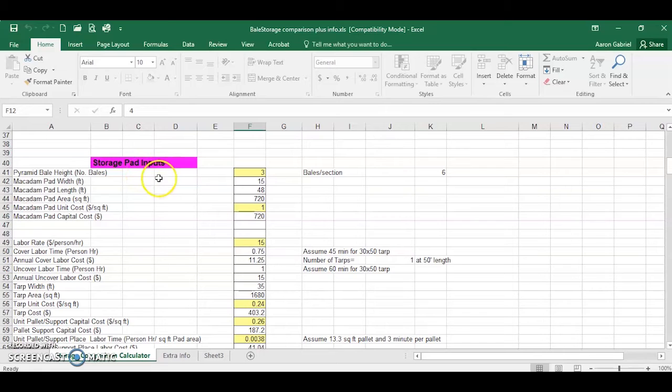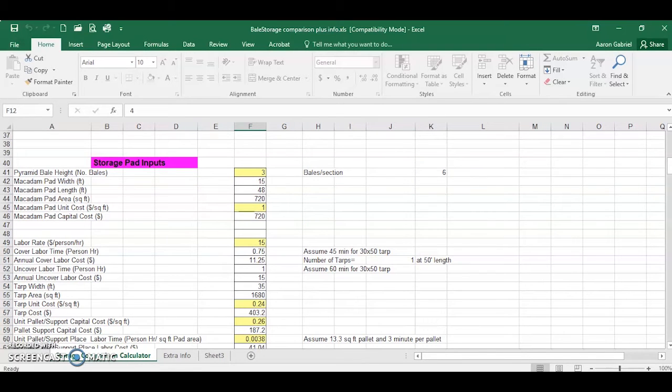In the next section we have storage pad inputs. Depending on what kind of pad you want to design, here we have the pyramid bale height. So if we have 3 tiers of bales, 3 on the bottom, 2 in the middle tier, and 1 at the top, we're going to have 6 bales per section, per face of our pyramid. With the information you have already entered, it is going to calculate your pad size, the width, length, and area.